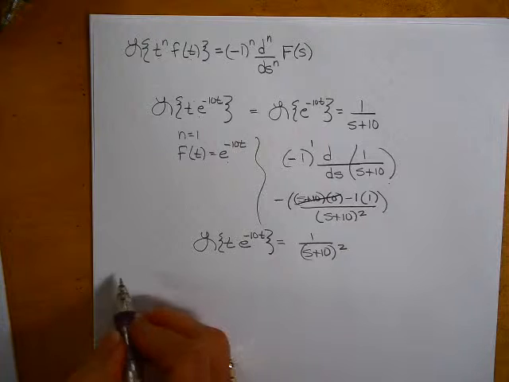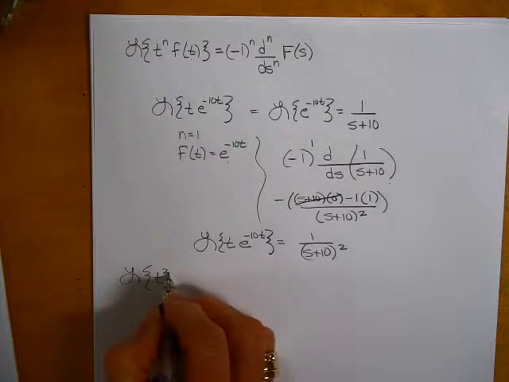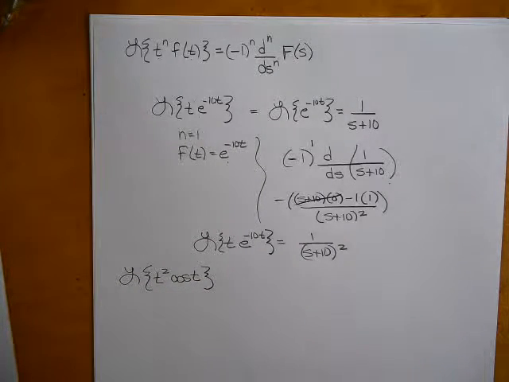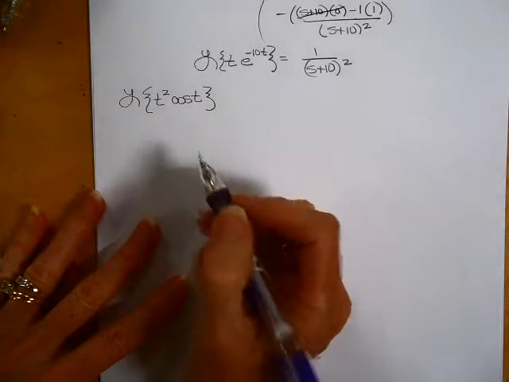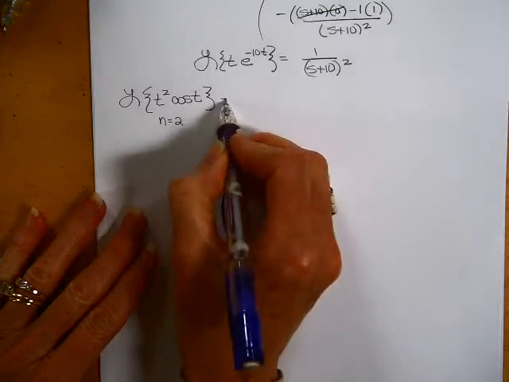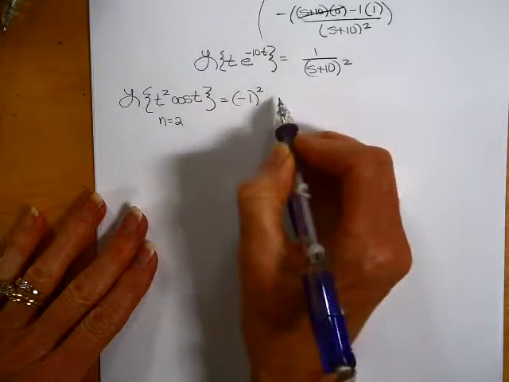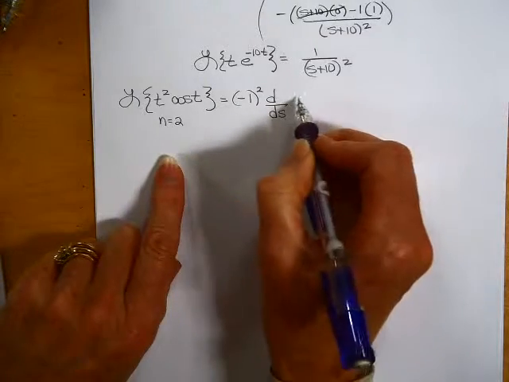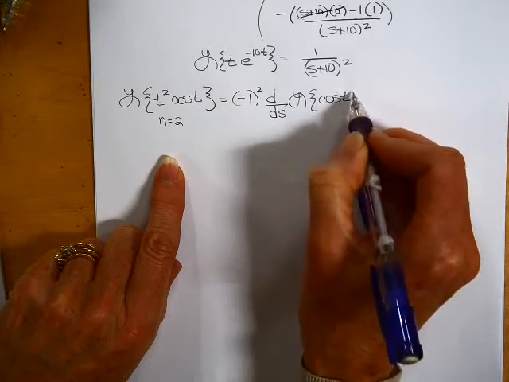This is number 6 out of your book. The Laplace transform of t squared times the cosine of t. Alrighty, in this one, your n is 2. So this means you're going to take negative 1 squared, and you're multiplying it times the derivative with respect to s of whatever the Laplace transform of the cosine of t is.